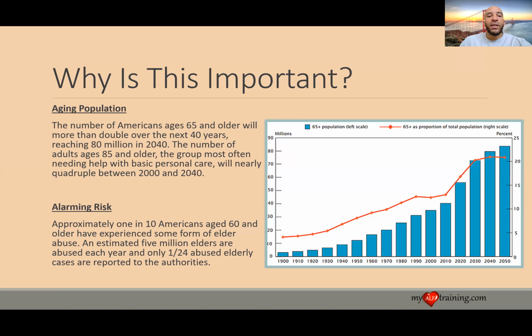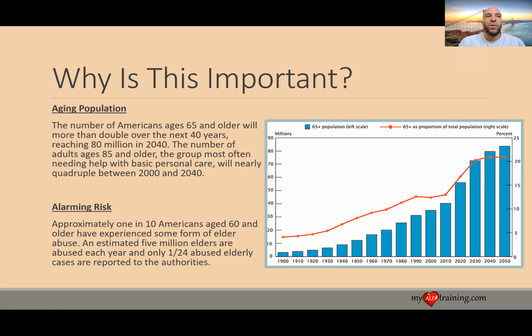That statistic, 1 in 24, is an alarming number, and it goes to show that there isn't enough opportunity or encouragement or education amongst the elderly and maybe even the staff members for reporting elderly abuse, recognizing elderly abuse, and taking measures to stop it.